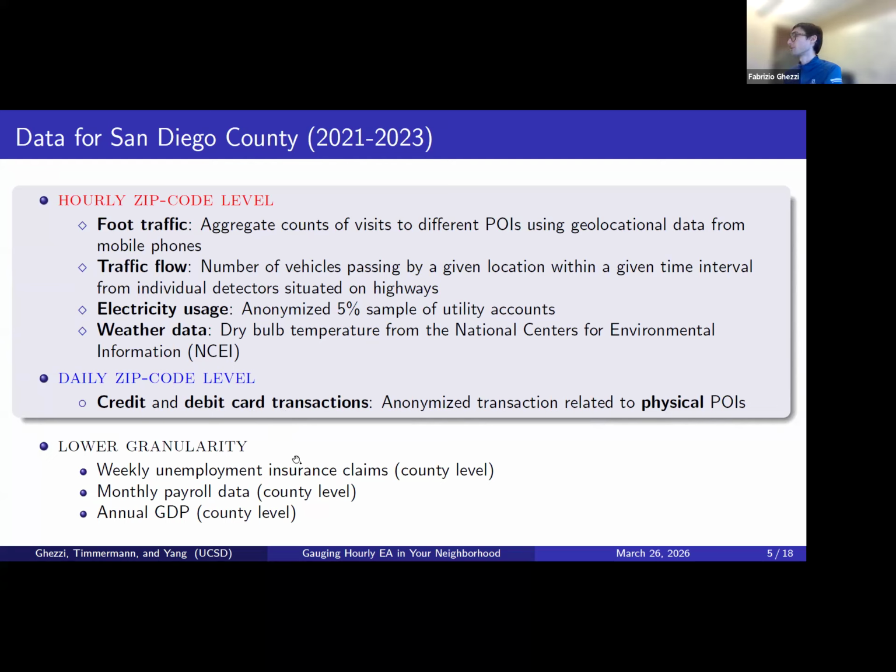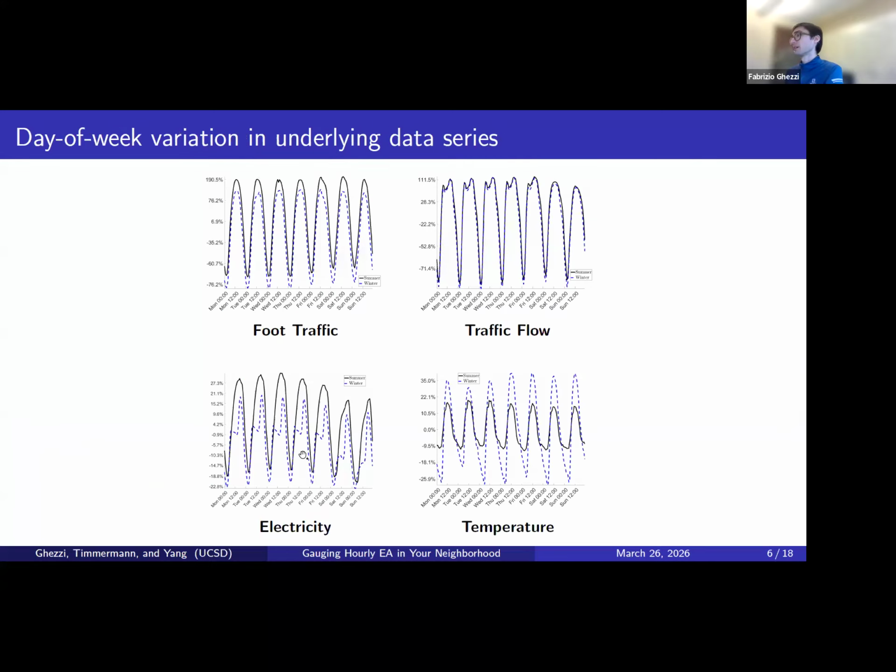What we do in our data set is merge this new alternative data with the traditional data series. Since most economists, at least we, were not familiar with this alternative data, which has been available only after COVID, the empirical facts are kind of unknown.